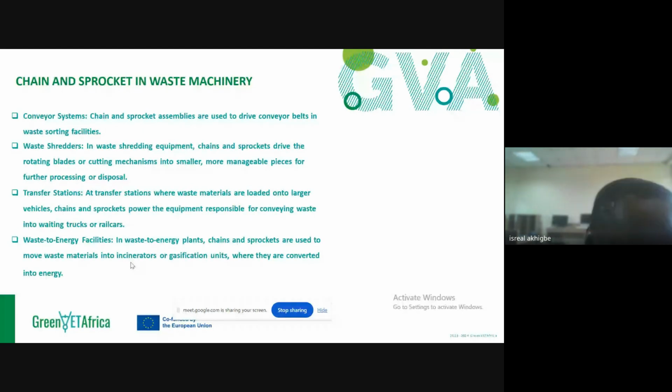In that area of application, we prefer to use chain over rubber belt because chains are metallic, they are strong, and under that condition of operation for waste processing, the chain can withstand a lot of heat, unlike the belt. That is how we determine our choice when selecting a transmission system for waste processing machinery.